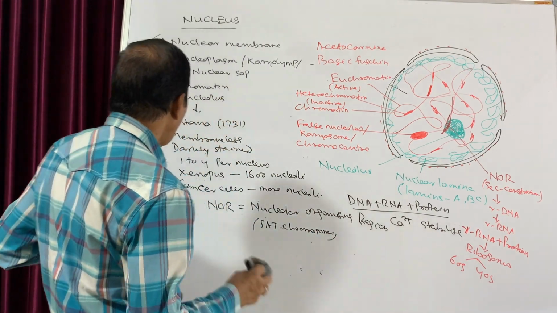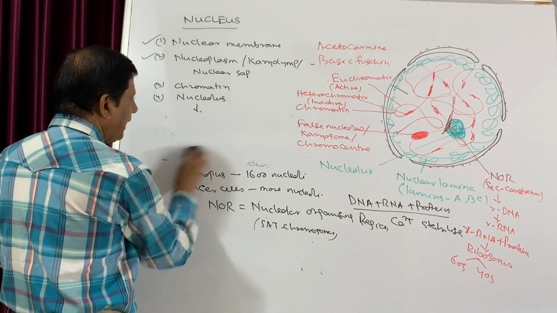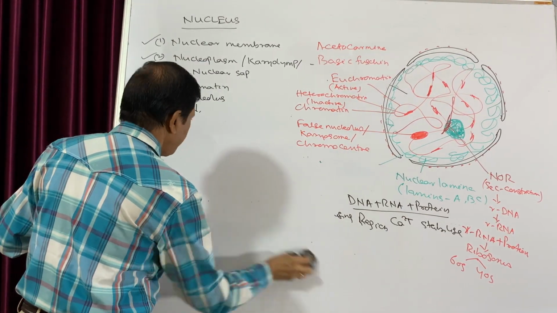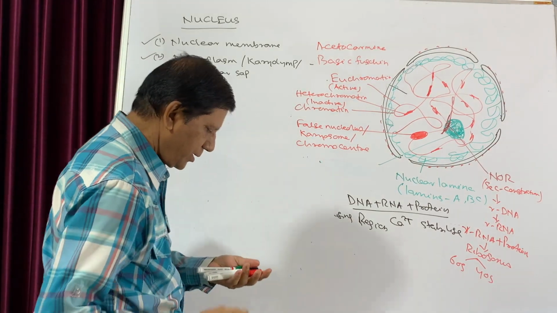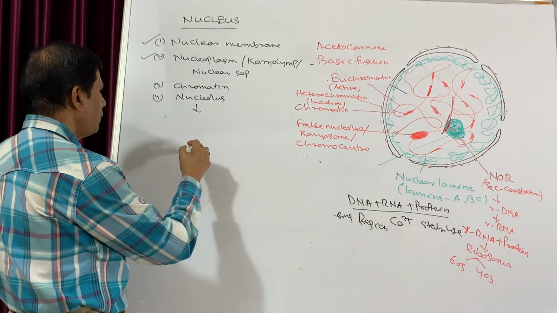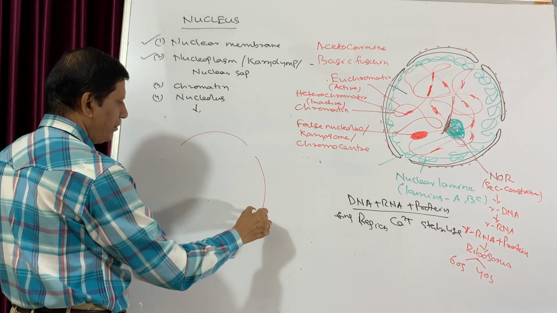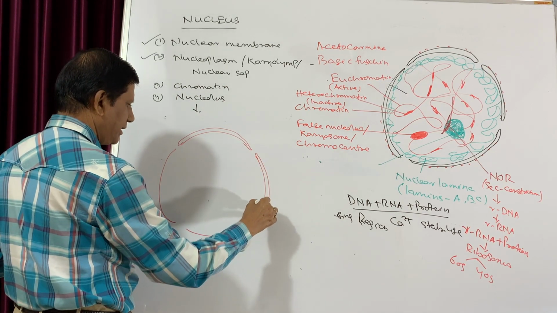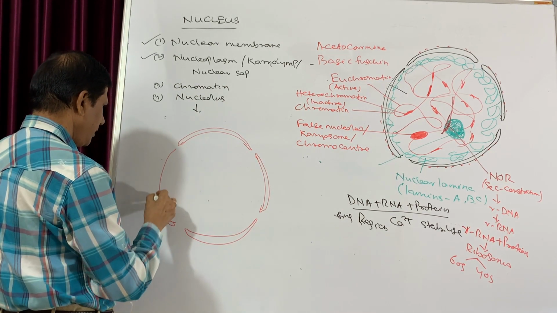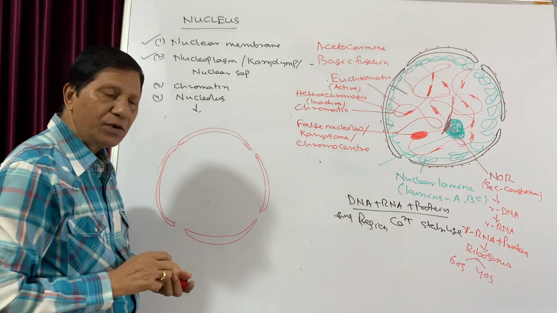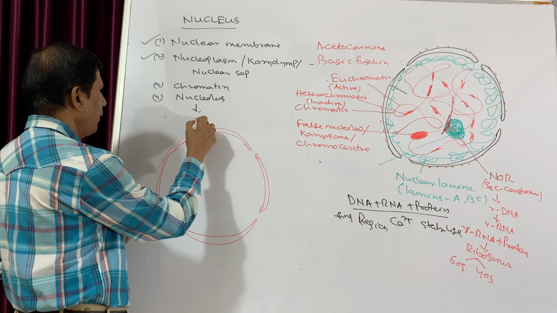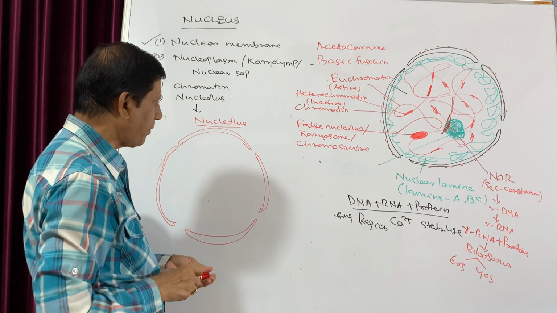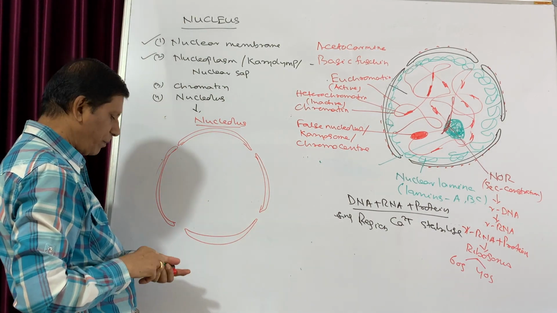Now if we take the ultrastructure of this nucleolus, it has 4 parts. The nucleolus, though it is membraneless, looks like this. Don't think that these are membranes. This is the diagram of the nucleolus. What are the 4 parts?